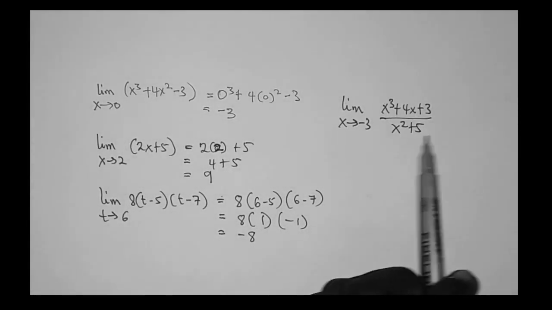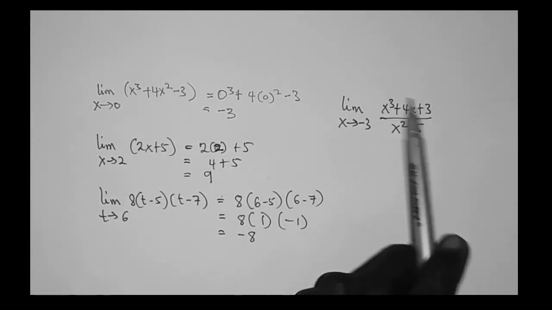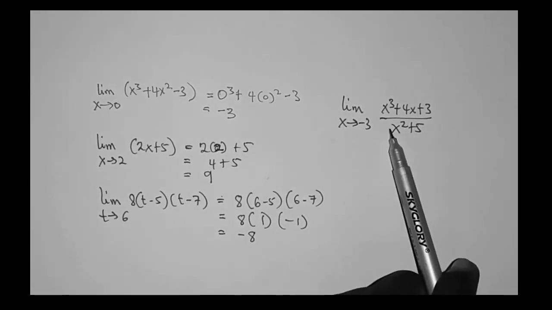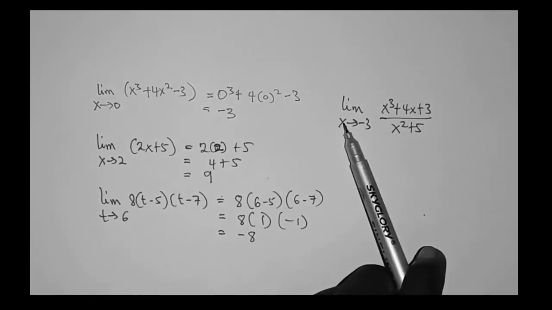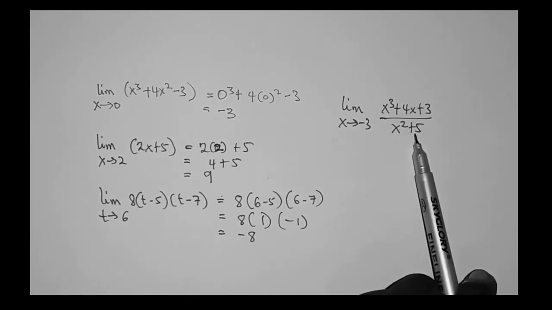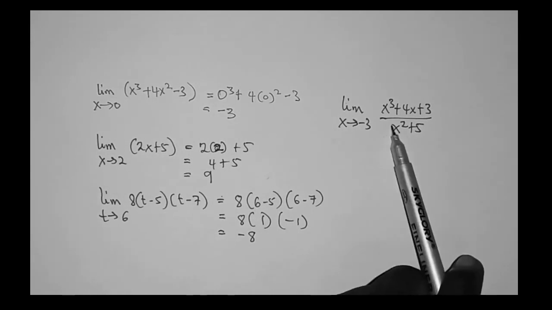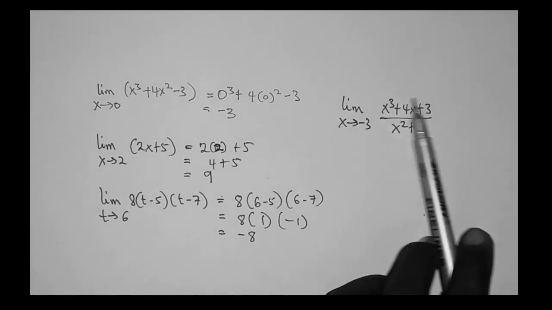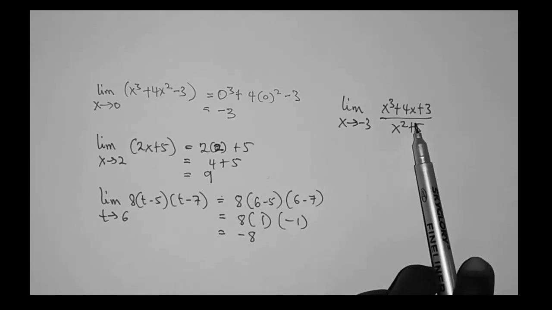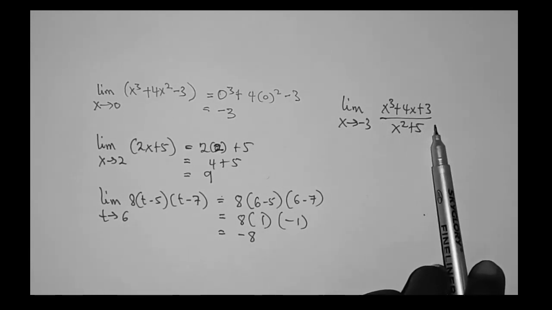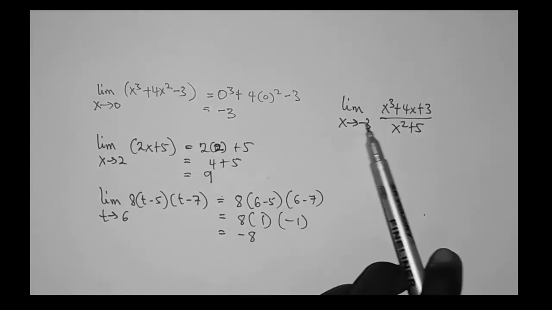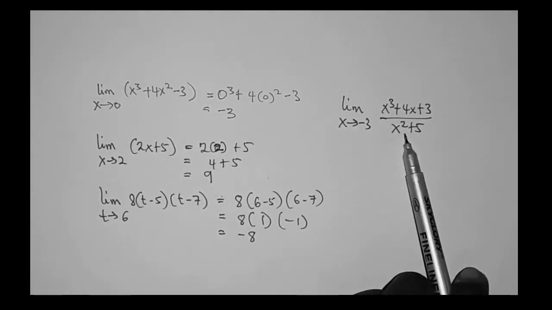To find the limit of rational functions, all you must ensure is that when you put in the value of x, the denominator does not go to 0. Because if the denominator goes to 0, it will make the whole function undefined, and therefore the limit would not exist as a finite value. So you must ensure that this denominator does not go to 0.